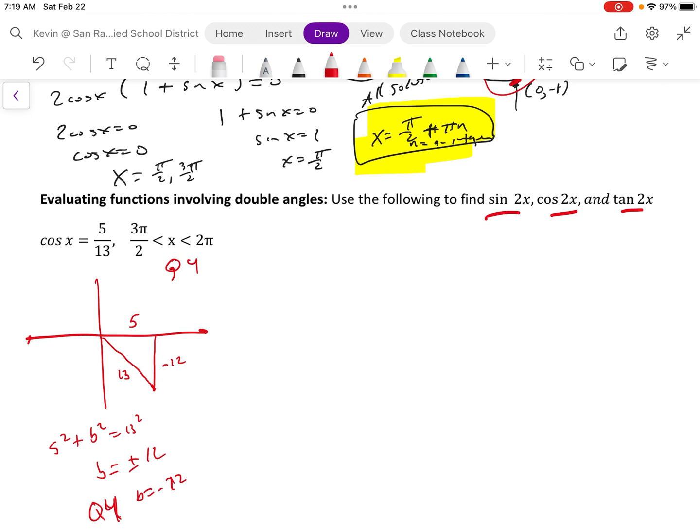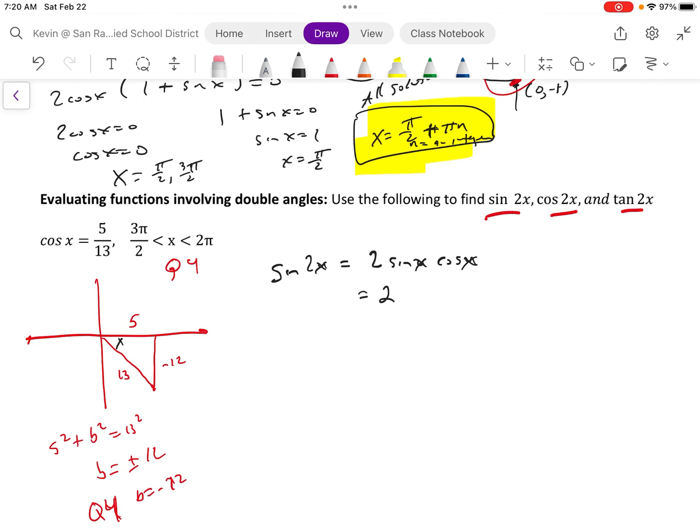So we now have our ratios. We have our sides, so we can write out each of these. Sine of 2x equals 2 sine x cosine x.